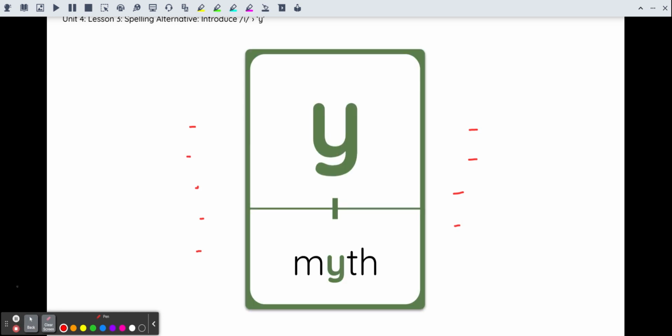All right, now in your code flip book, you will go to your spelling card for the I sound spelled with a Y as in myth. Read the sample word, myth. The Y is saying I. We're going to trace the box green and trace the letter Y green.